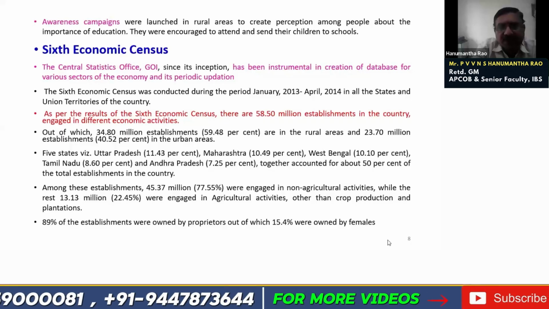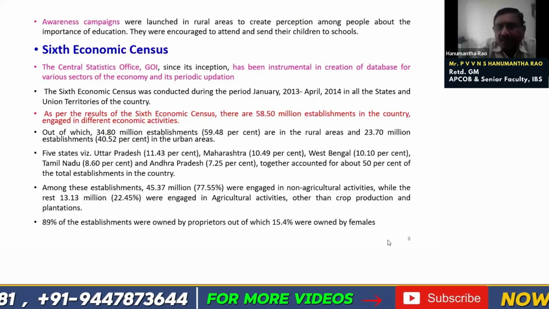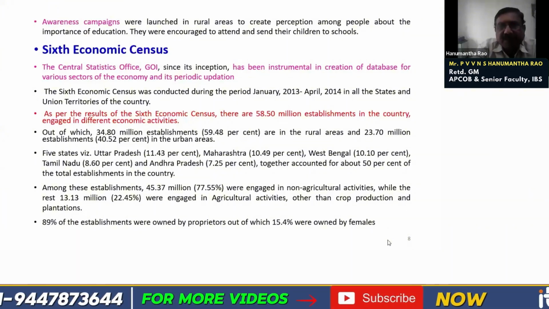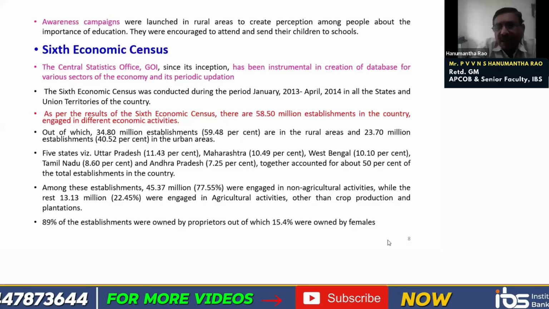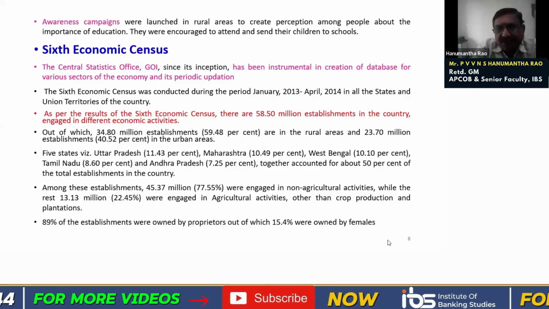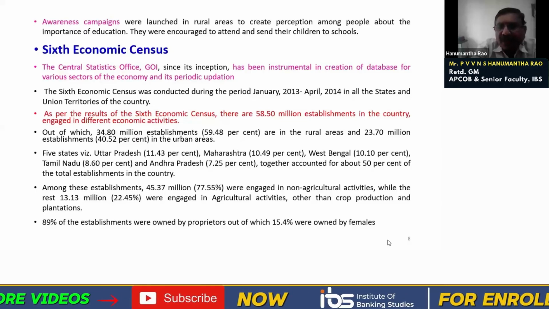As per the results of the sixth economic census, there are 58.50 million establishments in the country engaged in different economic activities. So how many establishments are there as per the sixth economic census in India? We have 58.5 million establishments.